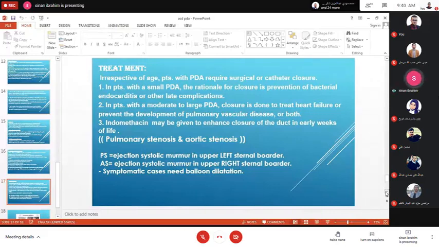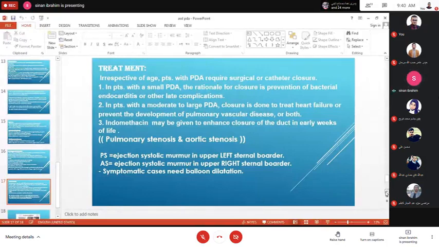In a patient with small PDA, the rationale for closure is the prevention of bacterial endocarditis or other late complications we mentioned earlier. In patients with moderate or large PDA, closure is done to treat the heart failure or prevent the development of pulmonary vascular disease and subsequent Eisenmenger syndrome, or both.